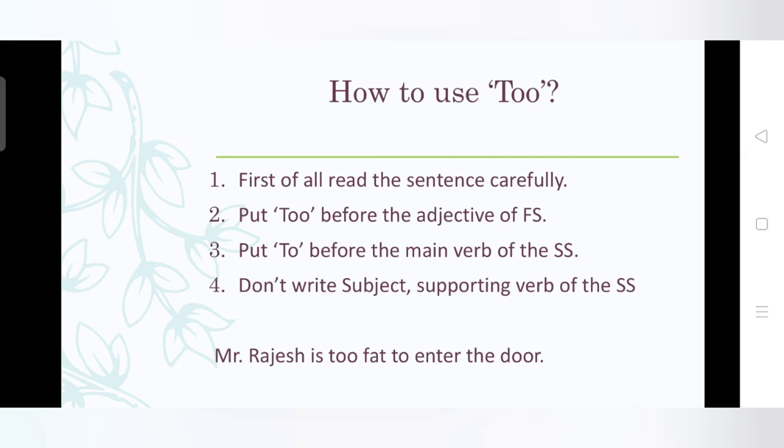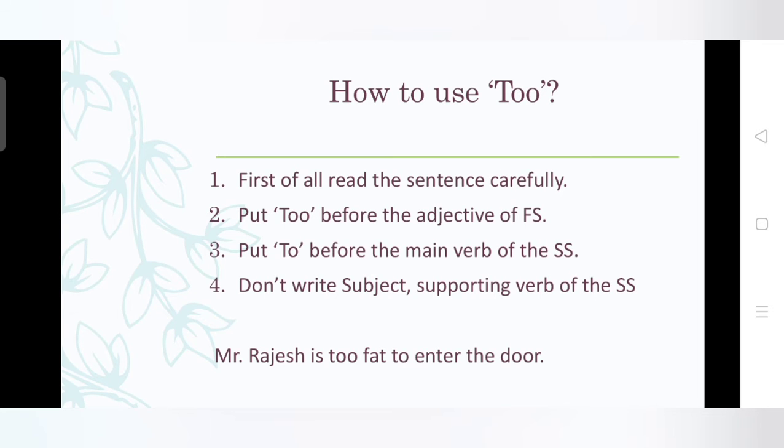Try to understand these rules. The first rule, the general consideration, is, first of all, read the sentence carefully. This is the first rule which I think is most important for all of you, because if you want to undertake the grammatical processes, you must have the insight to understand that sentence first.